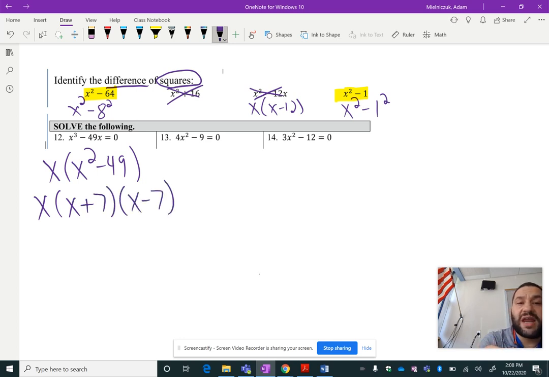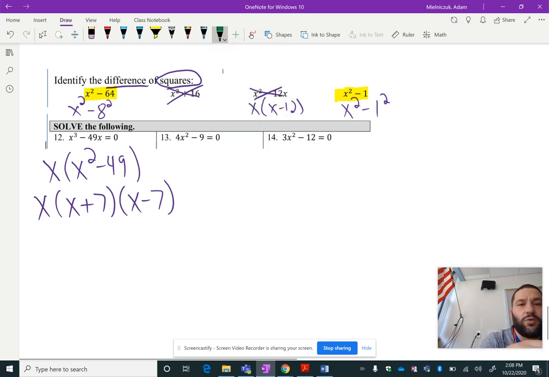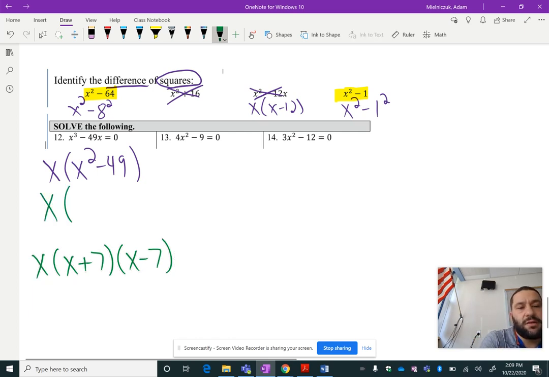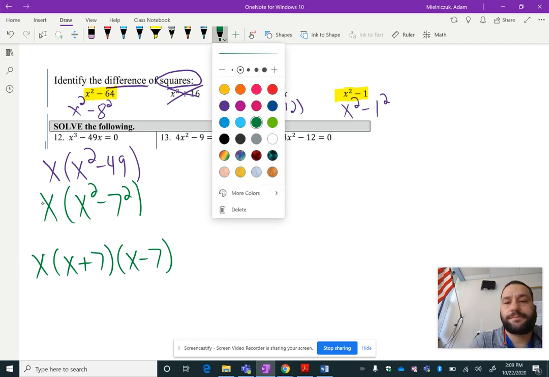If it didn't pop out to you, another way to look at this is, bear with me a second, we could have said x times (x squared minus 7 squared), which then shows you the difference of squares.